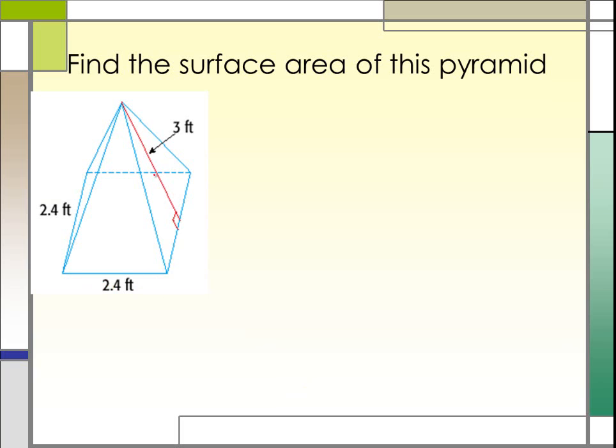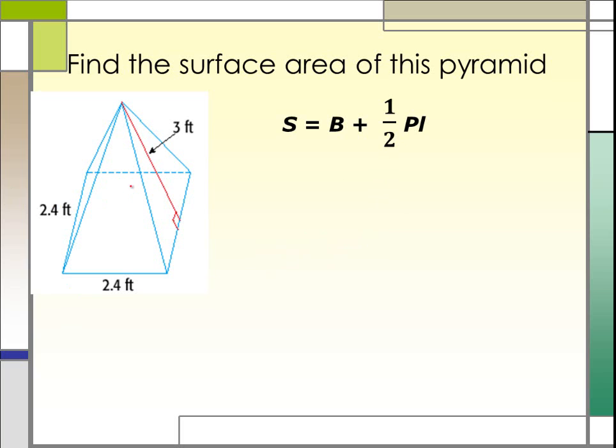Now you'll notice my bottom is a square, 2.4 by 2.4. My formula is the area of the base plus 1/2 perimeter of the base times the slant height. So what would the area of my base be? 2.4 times 2.4.